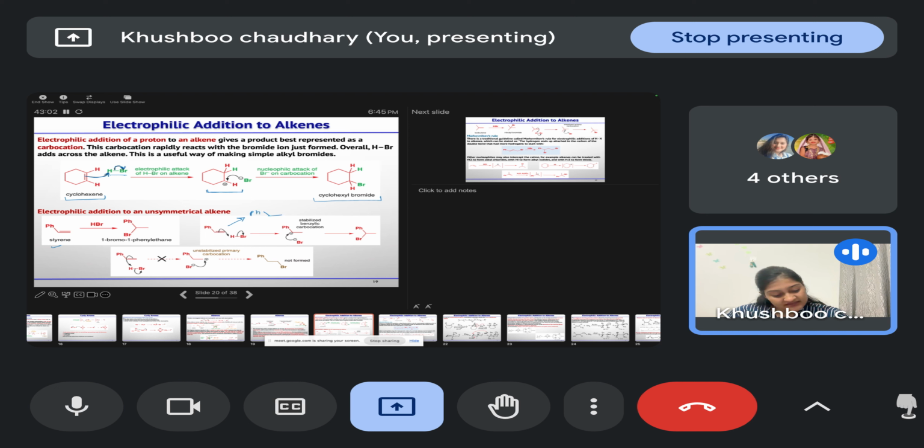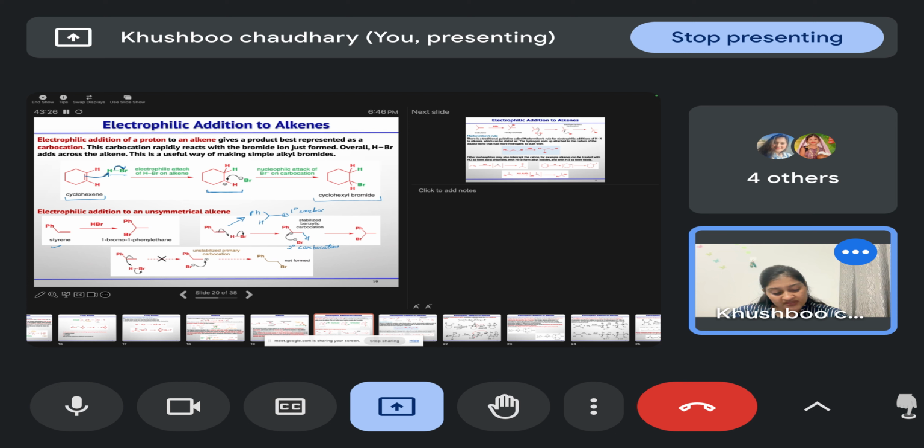If a proton comes at the less substituted side, a secondary carbocation will generate. And if hydrogen comes at the more substituted side, a primary carbocation will generate.